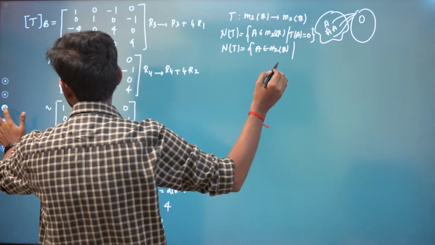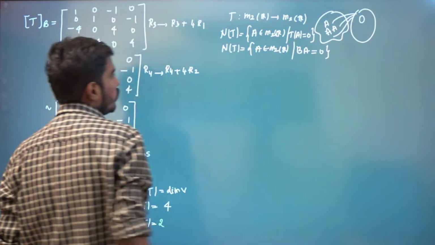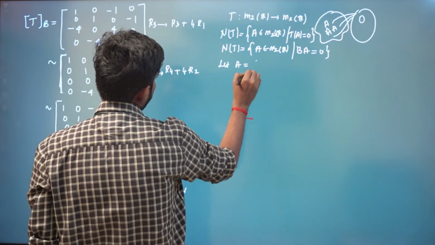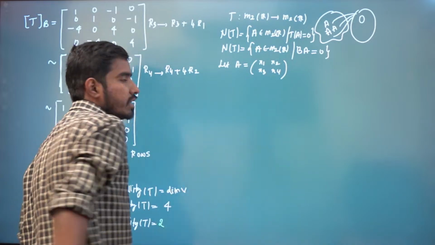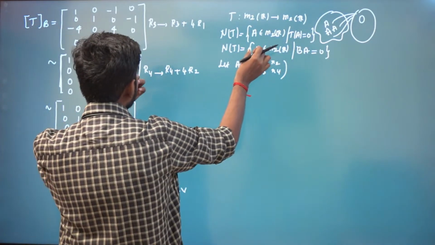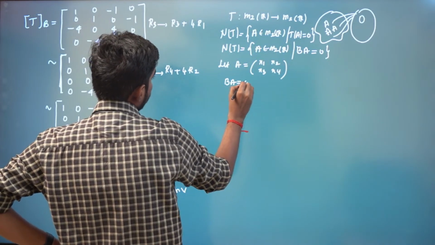B times A is equal to 0. Now we will find all those A. Let us take A to be some x1, x2, x3, x4. Now you collect all those matrices A such that BA is 0.